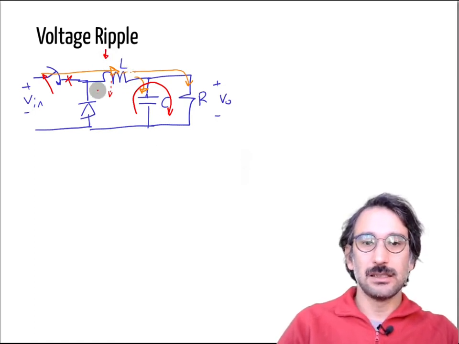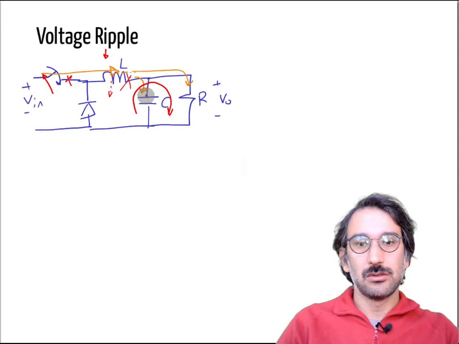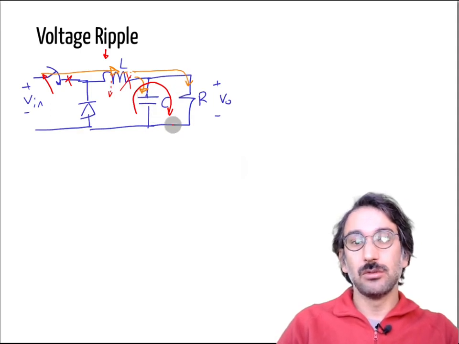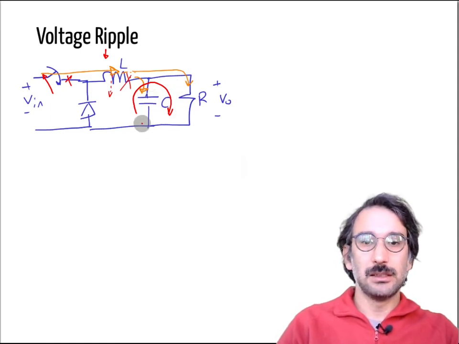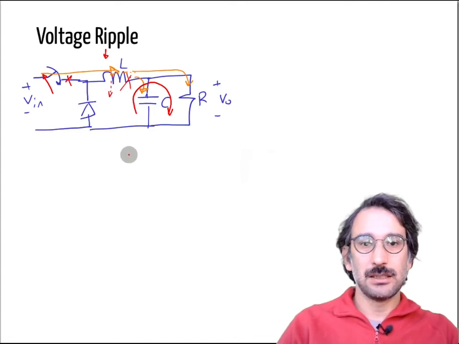And actually that is more dramatic for the discontinuous conduction mode. If your inductor gets into discontinuous conduction mode, then you don't have any current flowing from the left hand side, so your capacitor by itself needs to supply the resistance during that time. But today let's do the analysis for continuous conduction mode.